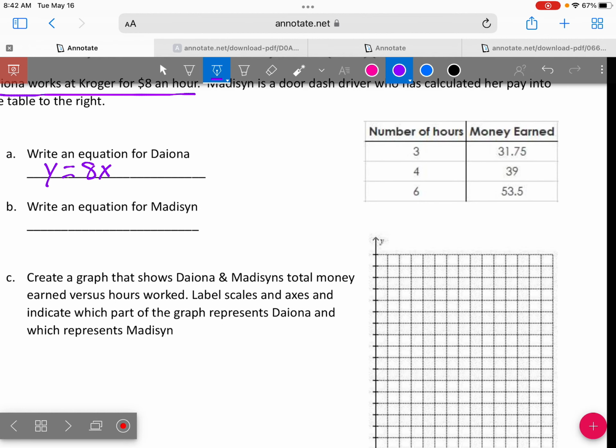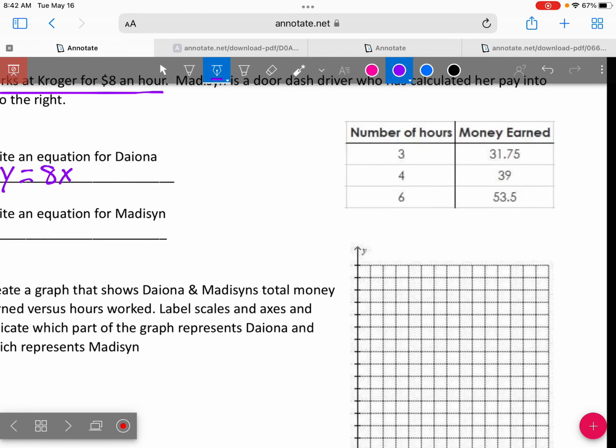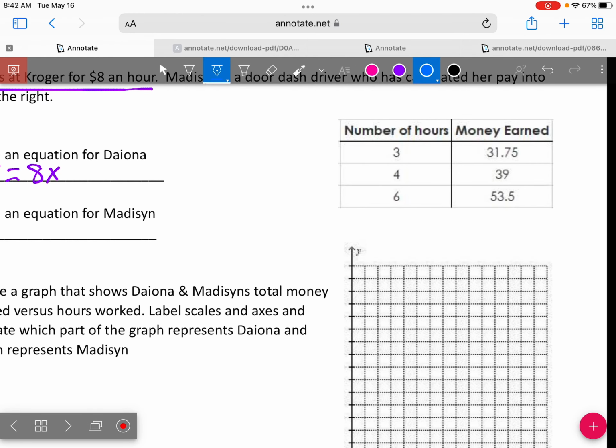So for Madison, we're going to look at the table, and we need to find the rate of change. So we're going to figure out how her money changes and how the hours change. And we're going to do both sets that we have so we can make sure our data is good. So just do the first one first. From 3 to 4 hours, there's a difference of 1 hour.